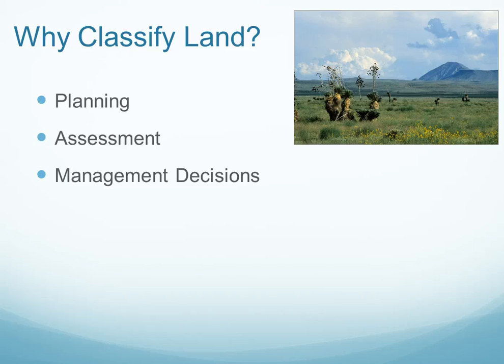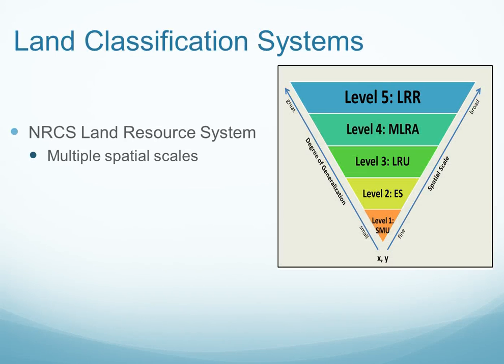We use a land classification system to describe lands, and we're going to be focusing on the NRCS land resource system. This is a land classification system that operates at multiple spatial scales, from very fine-scaled or small level of soil management units all the way up to a very broad level of land resource regions.